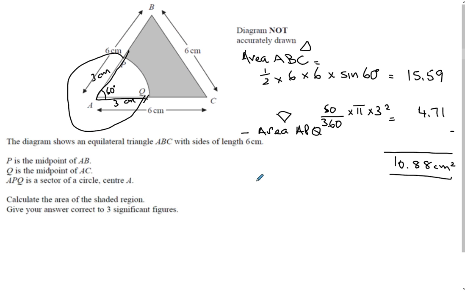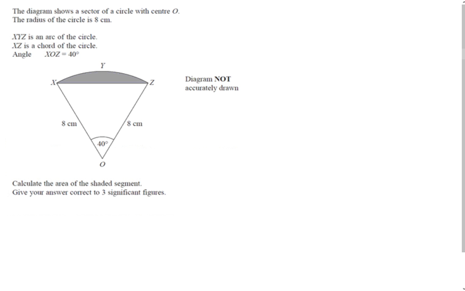All right. Last question. This is a very popular question where you have to find the area of the shaded segment. So again, you can see it's a sector, so it's just a fraction of the circle. Just give it a smiley face.